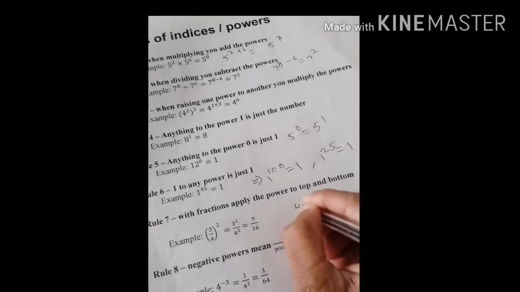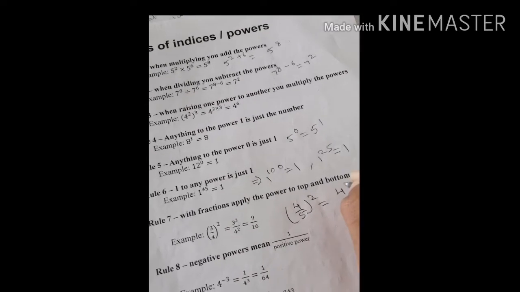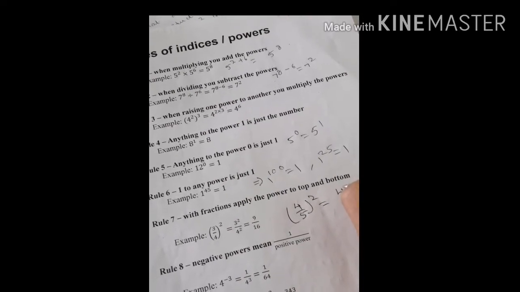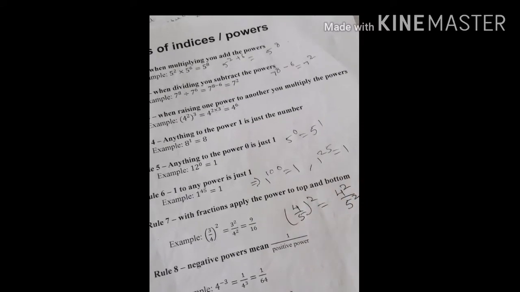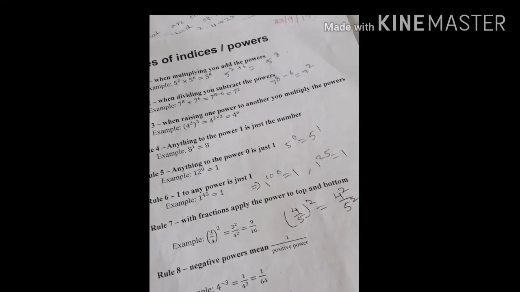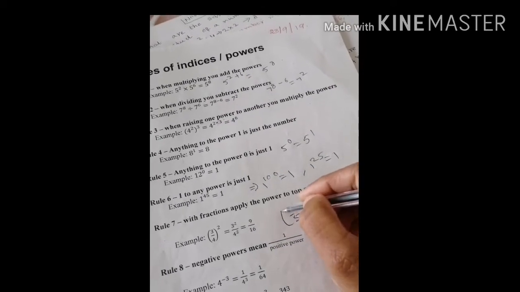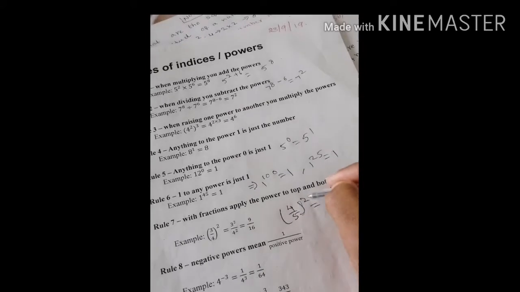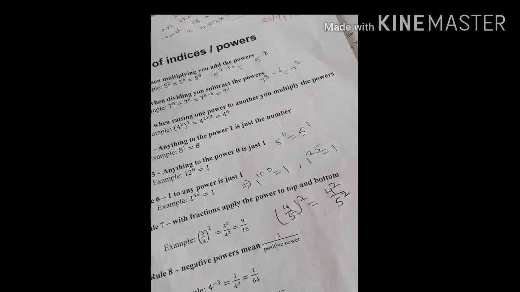So if you see 4 over 5 whole squared, apply it to the top and bottom. Top means numerator and bottom means denominator. When you see brackets with a power, it is applied to the denominator and numerator.